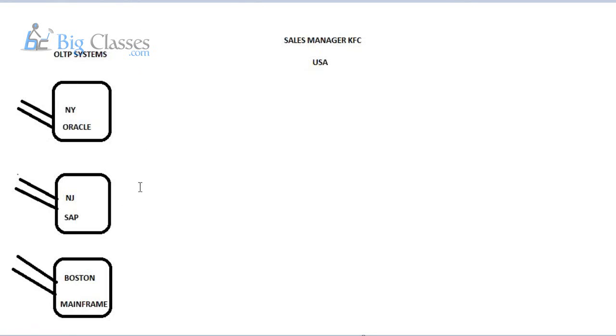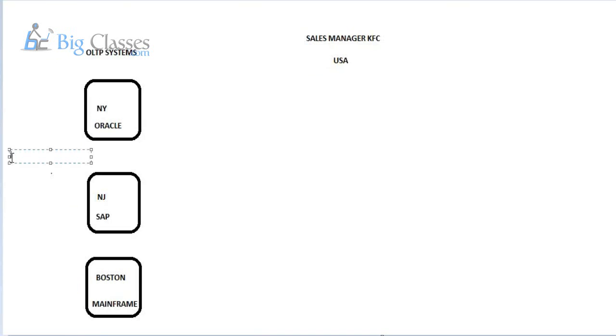So when you go to each system, it is a time-consuming process to go to each region in order to understand the business. Another thing is that OLTP systems always contain the current data, meaning the present data.